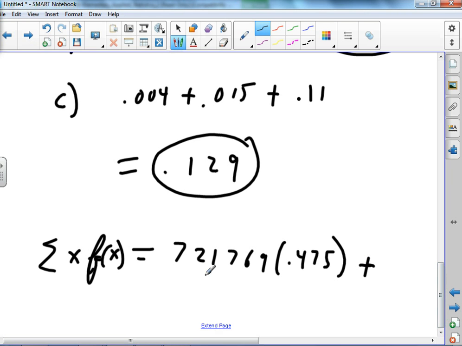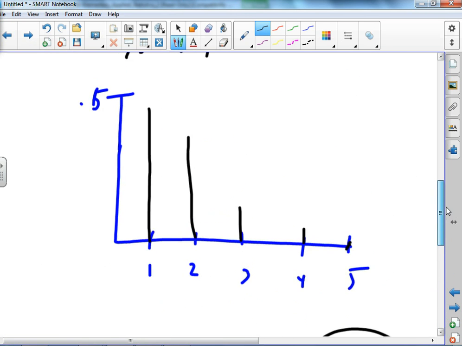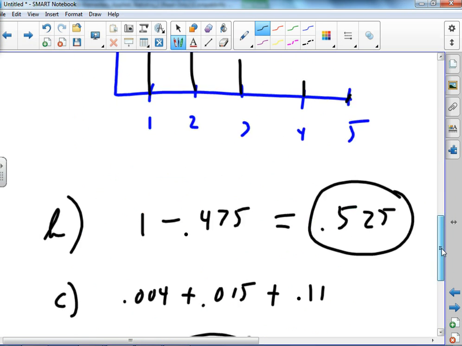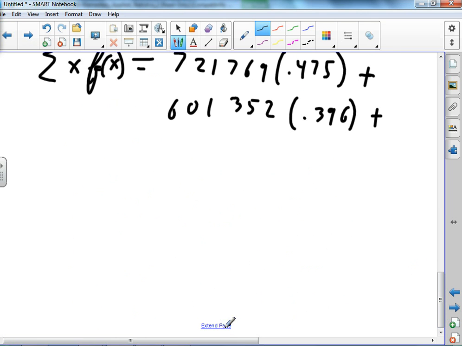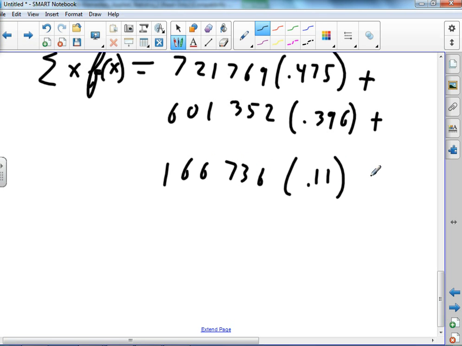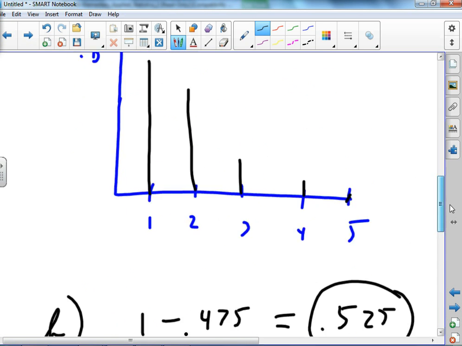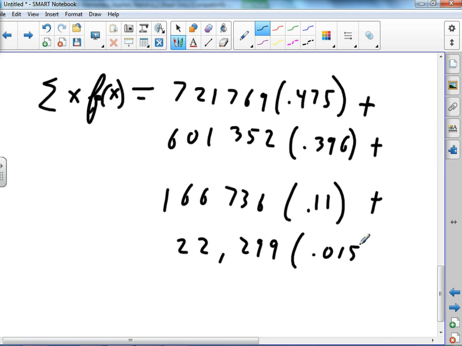Plus 601,352 times the probability 0.396 plus 166,736 times 0.11 plus 22299 times 0.015 plus 6730 times 0.004.